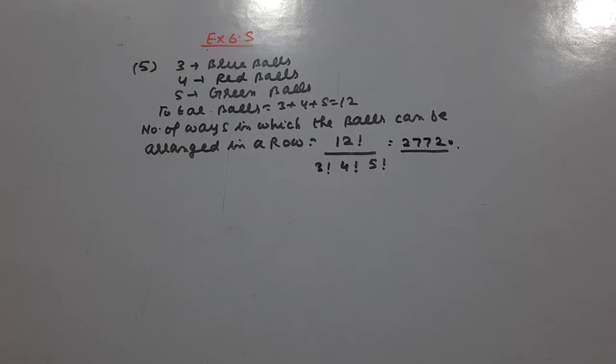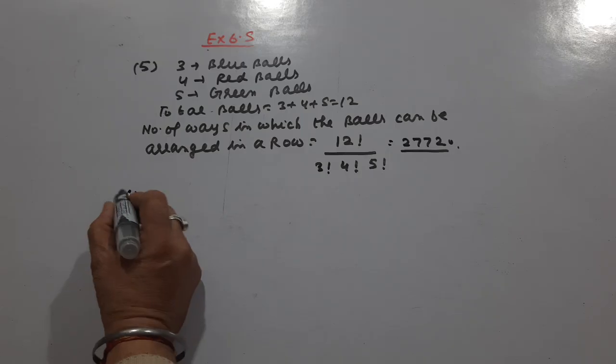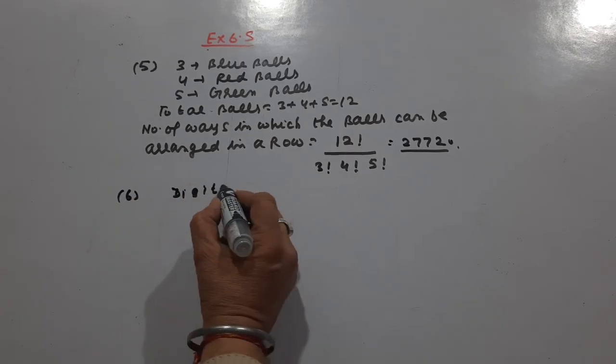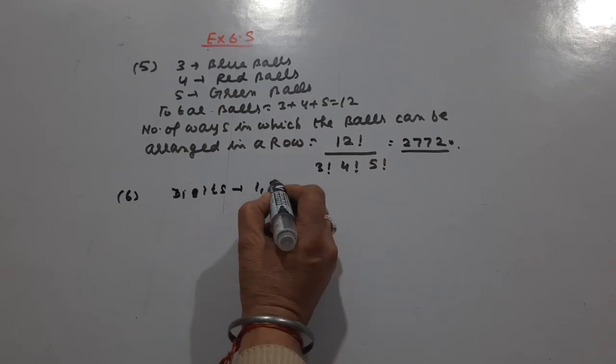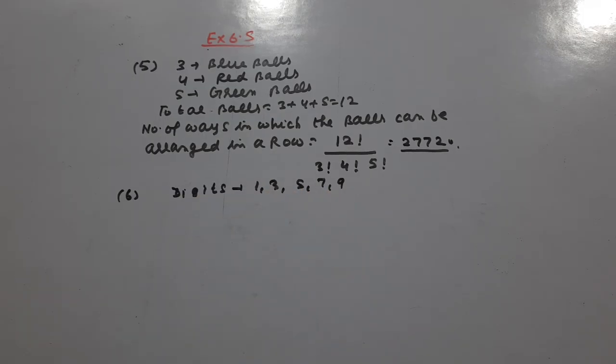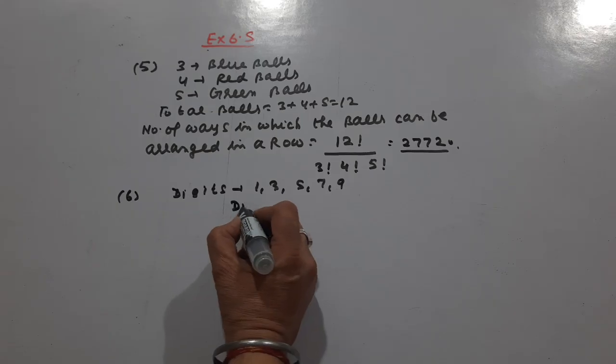Now let us see number 6 question students. Now in the sixth question, how many two-digit numbers less than 100 can be formed with the digits 1, 3, 5, 7, and 9, and we want to make a two-digit number when the digits may be repeated.